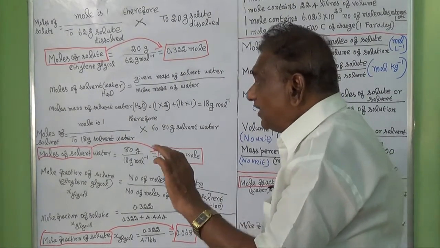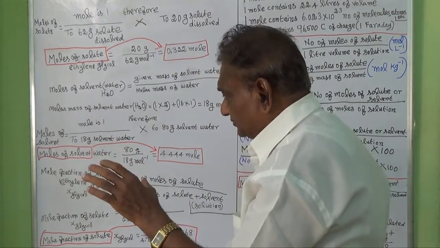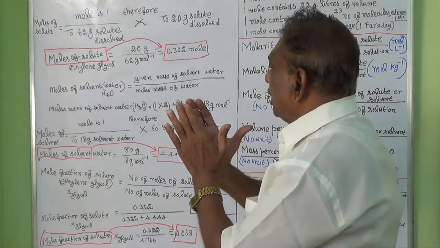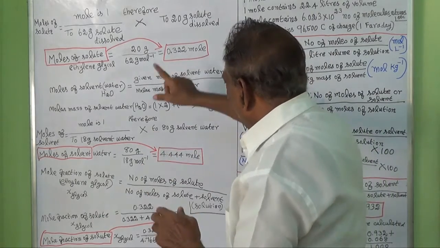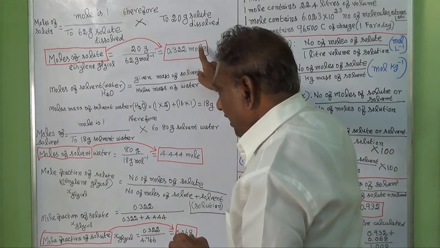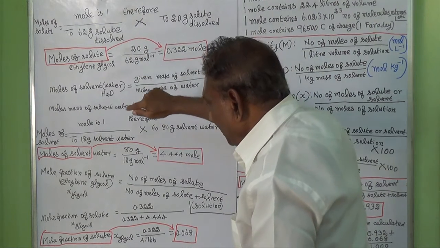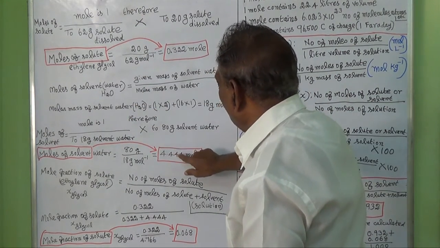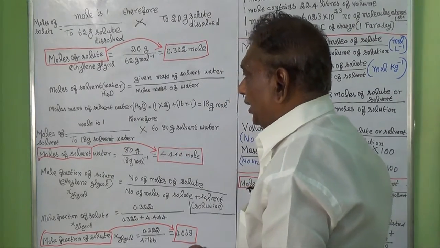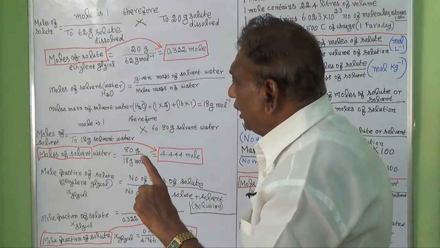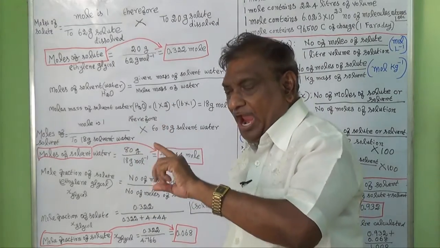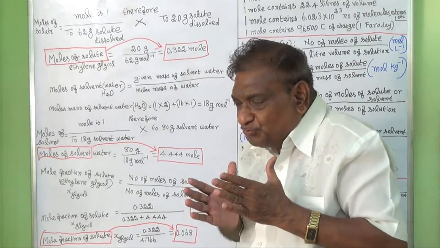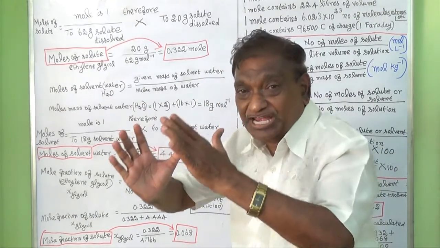Now we have found the moles of solvent. In our hand there are moles of solute as 0.322 mole and moles of the solvent, that is water, as 4.444 moles. If we have the moles of the solute and the moles of the solvent, we can proceed to find the mole fraction.